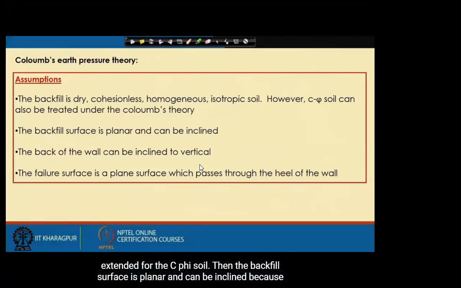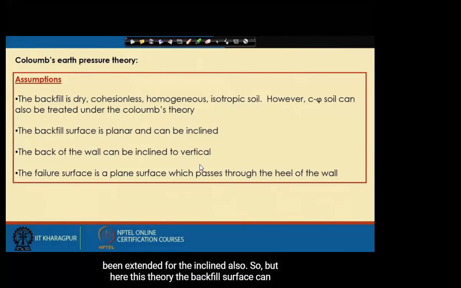These were the same assumptions for Rankine's theory, but this theory can also be applied for c-phi soil under Coulomb's theory, although Rankine's theory is also extended for c-phi soil. Then the backfill surface is planar and can be inclined, because initially in Rankine's theory the backfill surface was horizontal, but later on it was extended for the inclined also. Here the backfill surface can be horizontal or inclined.